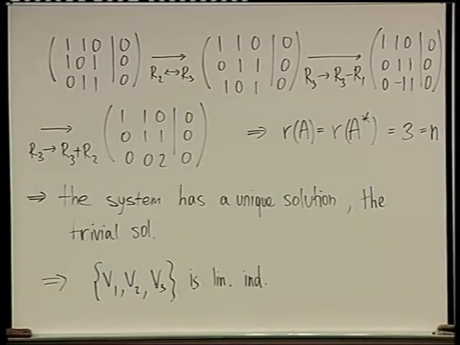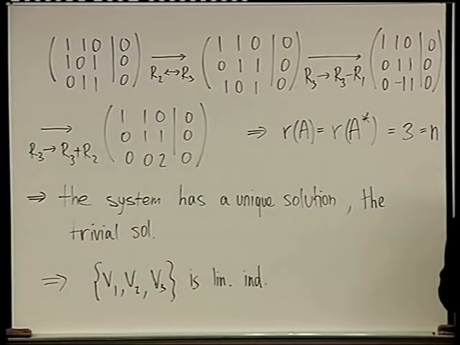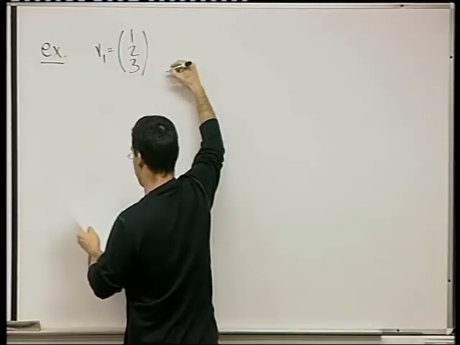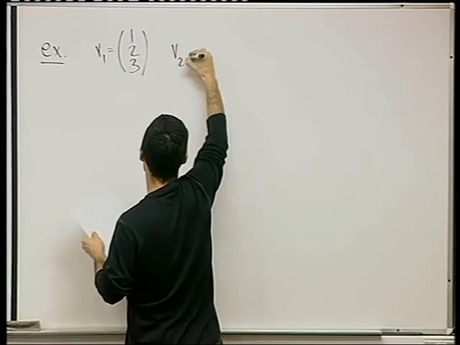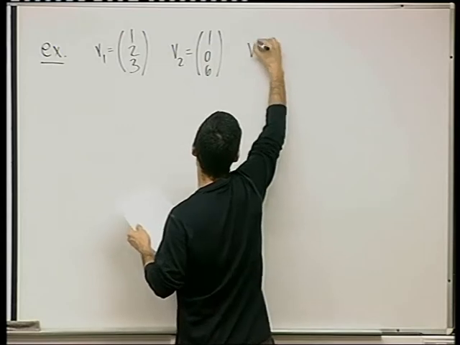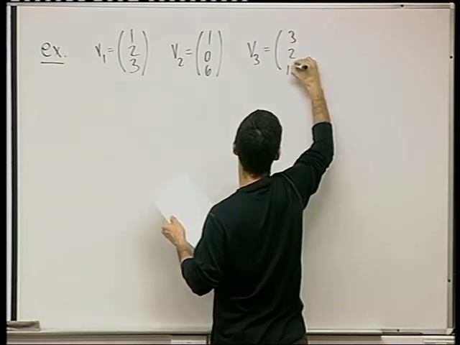Okay, so let's do another example. I want to do this example. There we go. So, example number 2. We have, again, 3 vectors in R3. V1 is 1, 2, 3. V2 is 1, 0, 6. And V3 is 3, 2, 15.